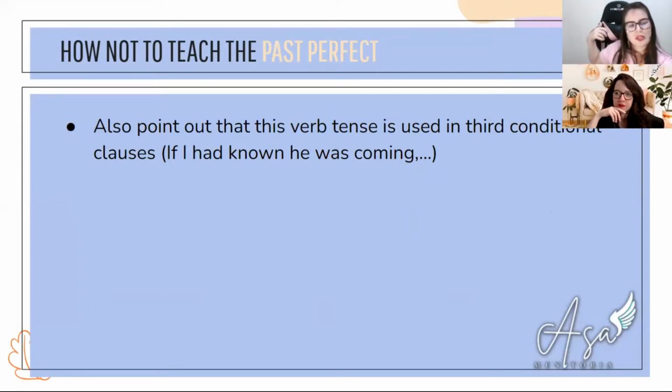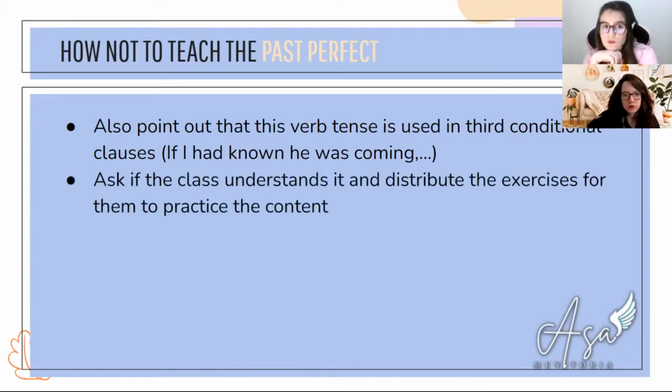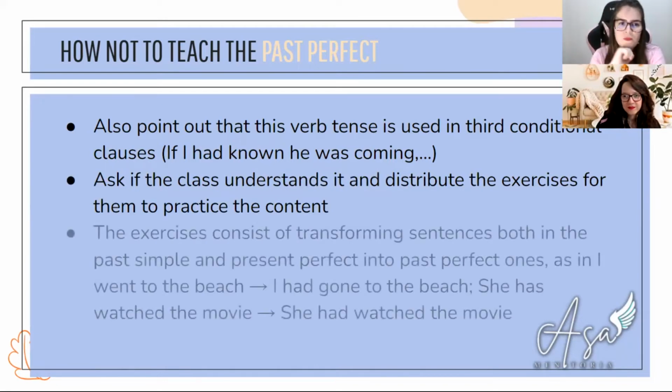When you talk about something that happened before something else in the past, when we talk about reported speech, and when we have third conditional. And then you as a teacher ask if the class understands it and distribute the exercises for them to practice the content. This is the wrap up of the grammar teaching, right?